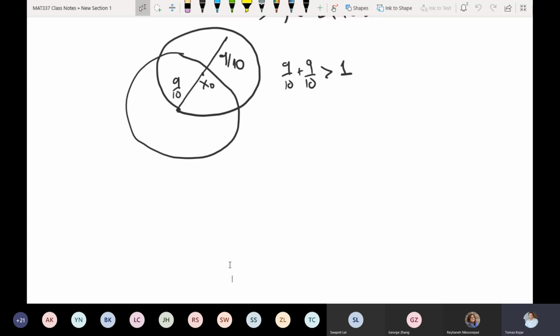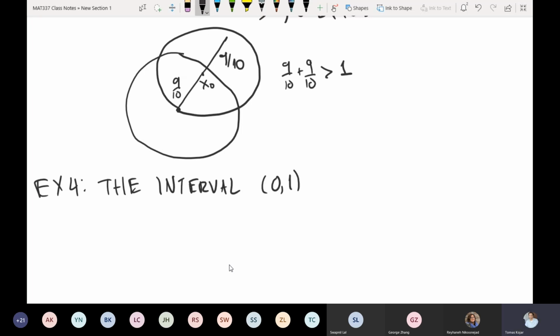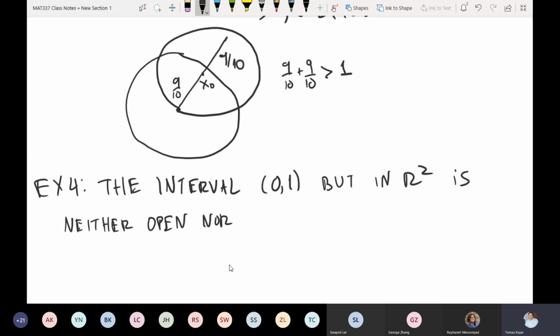Good. Next example. The interval, so this is a tricky one. The interval (0,1), but in R2, is neither open nor closed.